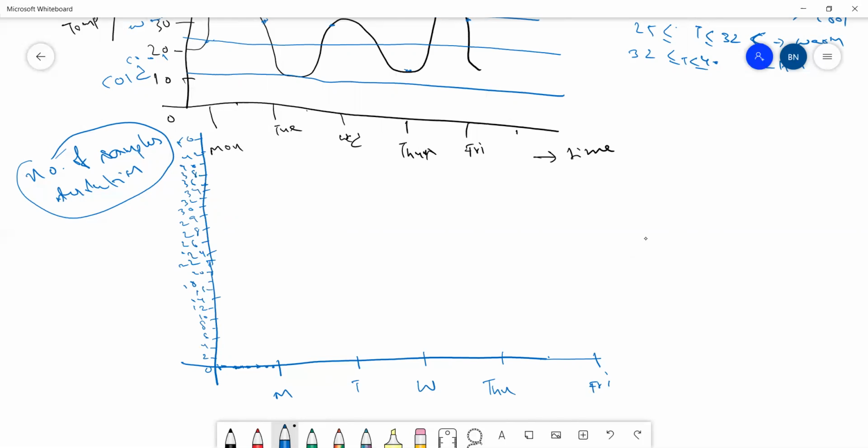On Monday, in the early morning, the first time I have taken, the temperature is 8. The second time the temperature is around 14. The third time, the temperature is some 20. The fourth time, the temperature is approximately 24.